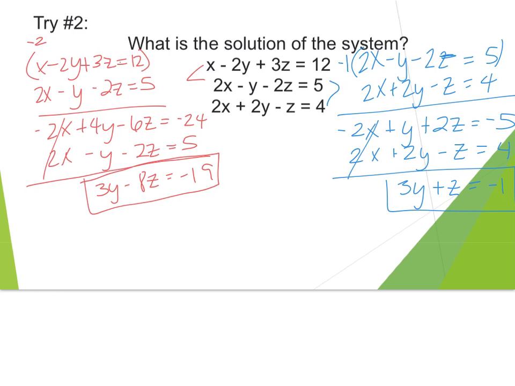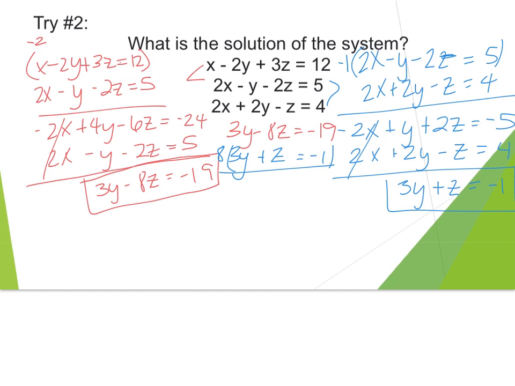Okay, I need to put the pink and the blue together. So I have 3y minus 8z equal to negative 19. And the blue one is 3y plus z equal to negative 1. Okay, at this point I need to choose what I want to eliminate. So I'm going to choose to eliminate z by multiplying the second equation by 8.